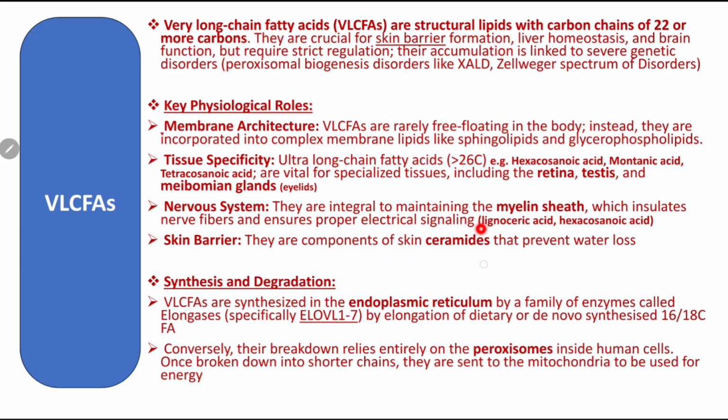And lignoceric acid, hexacosanoic acid, they are part of myelin sheath and hence useful for nervous system health. And very long chain fatty acids also are part of skin ceramides that prevent water loss.